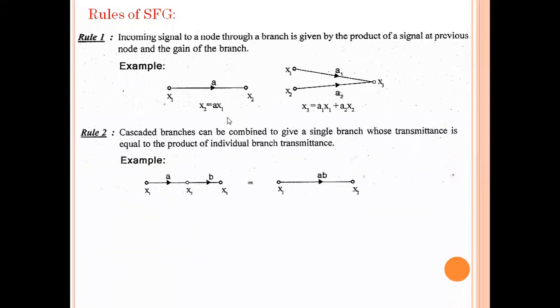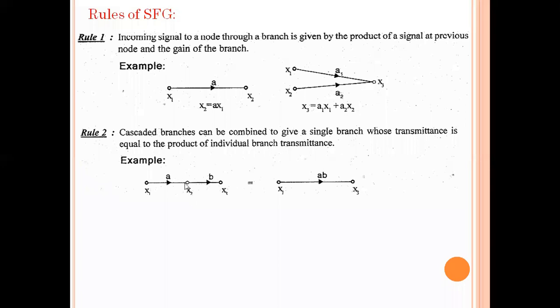And coming to rule number 2, when two cascaded branches are given like this. See, one branch is between x1 and x2 with the transmittance or branch gain of a, and the second branch is between x2 and x3 with the branch gain of b. So we can eliminate this x2 node directly by cascading this branch and this branch.